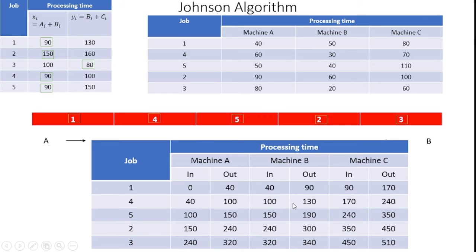After that, what is the processing time with machine B? Yes, 30. So 100 plus 30, 130. Again, I check 130 with 170. Here 170 is the maximum, so I can write here 170. After that, I can add 170 with the 70 processing time of machine C, so that I can get 240.